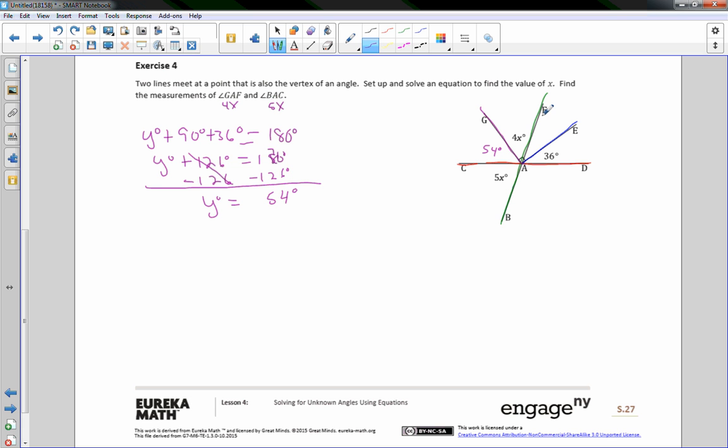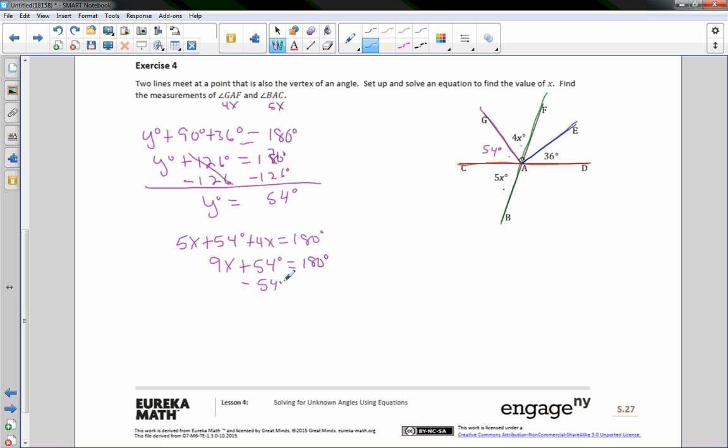I have a green line that has 1, 2, 3 angles that form this green line. So it's angles on a line again. So I'm going to say 5x plus 54 degrees, which was my y before, but I found it, plus 4x equals 180 degrees. So 5x plus 4x is 9x plus 54 degrees equals 180 degrees.